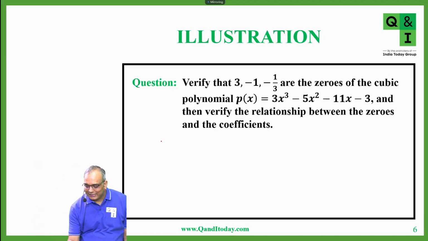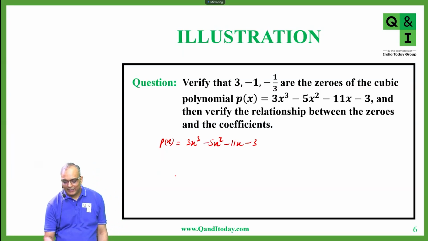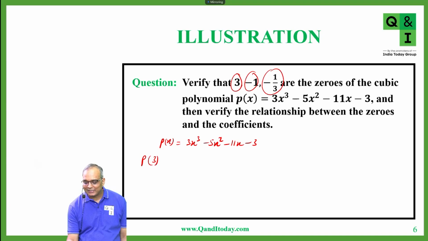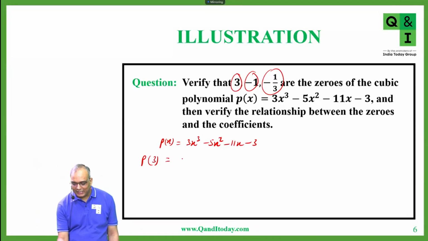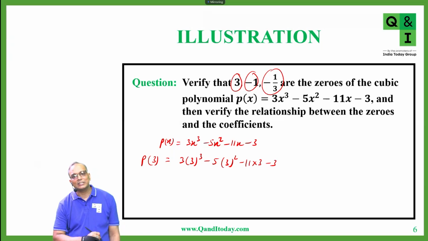Since we have p of x equal to 3x cube minus 5x square minus 11x minus 3, we have to check whether these are the zeros of the polynomial or not. First of all, let us check for 3. At x equal to 3, p of 3 is going to be 3 times 3 cube minus 5 times 3 square minus 11 times 3 minus 3.